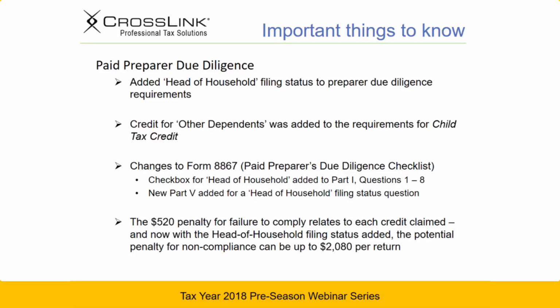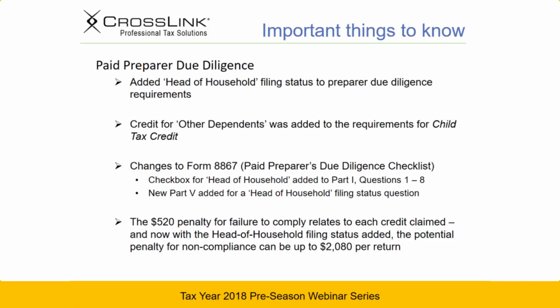Also note that the $520 penalty for failure to comply relates to each credit that's being claimed on a return. And now with the head of household filing status added, the potential penalty for noncompliance can be up to $2,080 per every return. And why this is so important is people oftentimes feel as if they're out of compliance, they may get dinged with a one-time $520 penalty. But that's not the case at all.